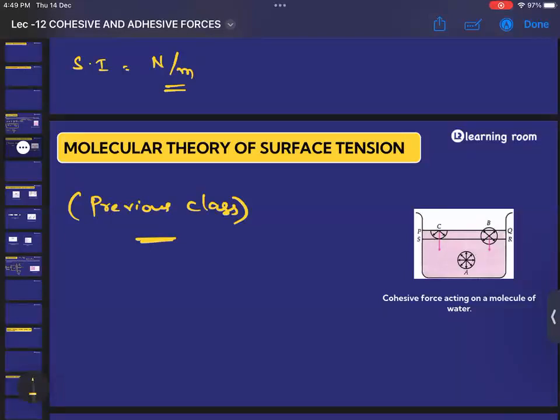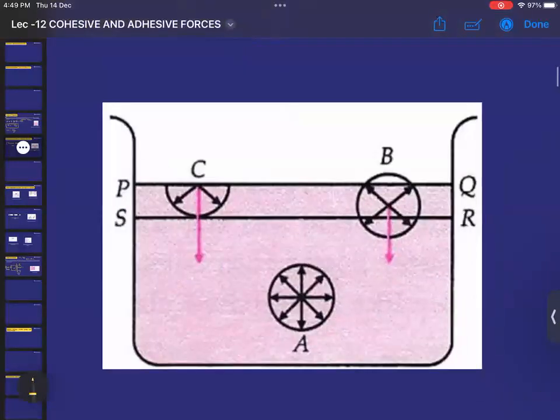Whereas for particle B, what is happening? Major part of it is experiencing the force from the downward particle. Some portion is outside, whereas the other portion is inside. What happens to particle C? Half of the portion is inside and half is experiencing a complete force in the downward direction, because there is no counterpart on the top for it to experience a force.